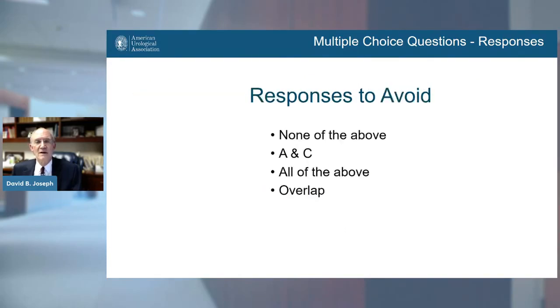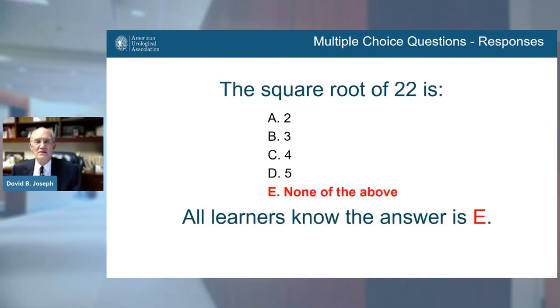All right. Things to avoid in responses are none of the above, anything like A and C, all of the above, and overlap. And each one of those examples that I gave you contains one of these issues. So here, the first one, the square root of 22. I would suspect that each one of you knew very quickly that the answer was E, none of the above.